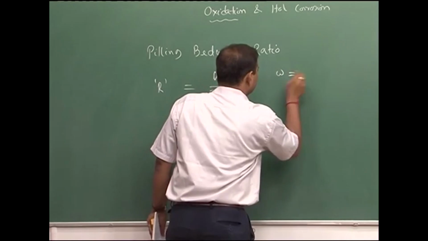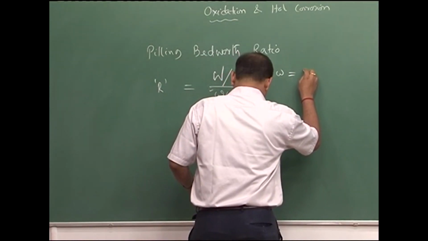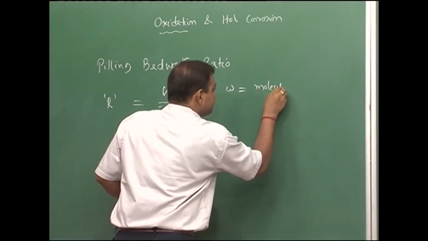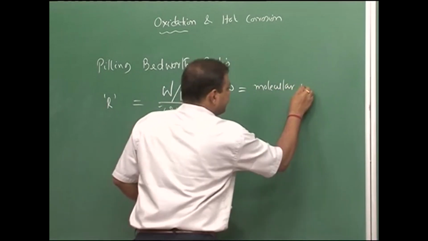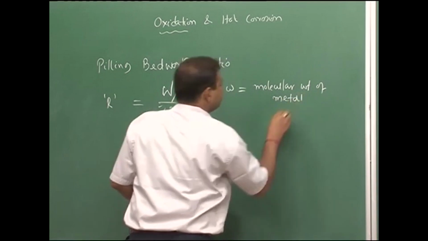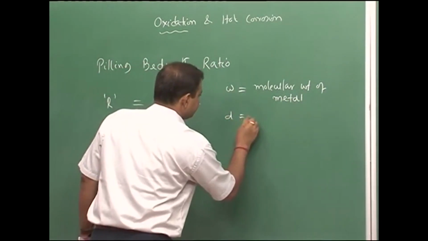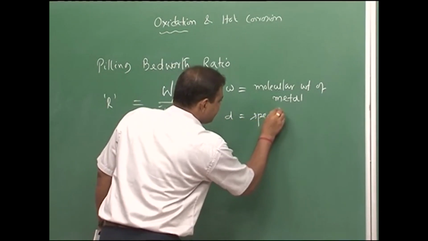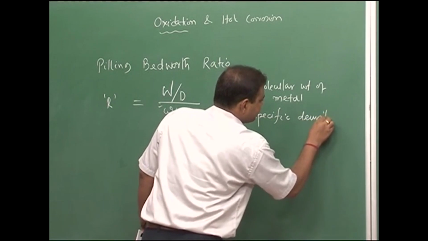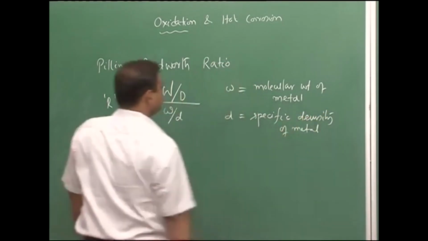So, small w is basically the molecular weight of metal which is getting oxidized, and small d is the specific density of metal.